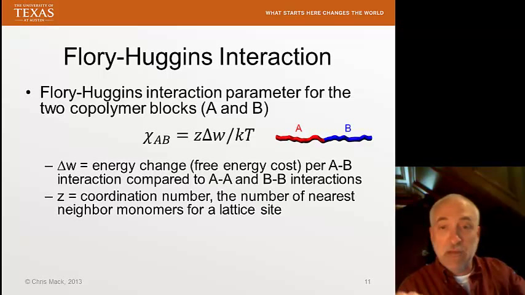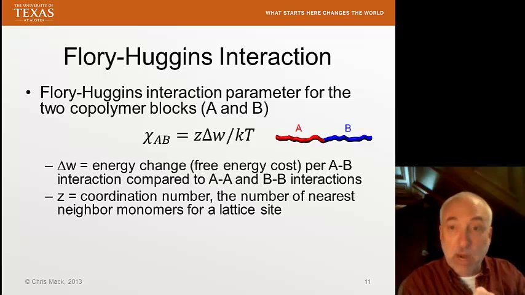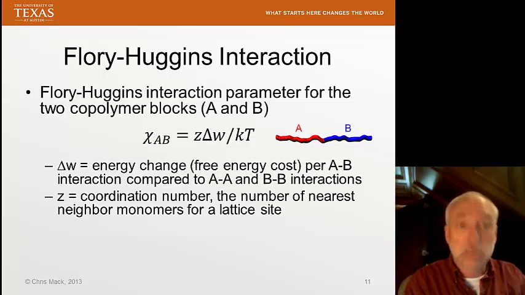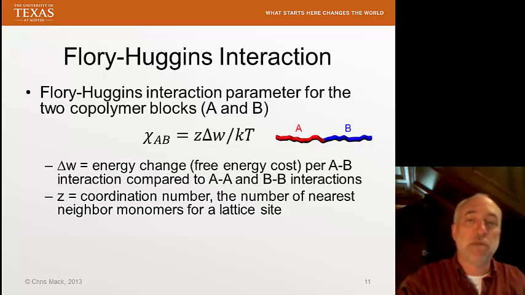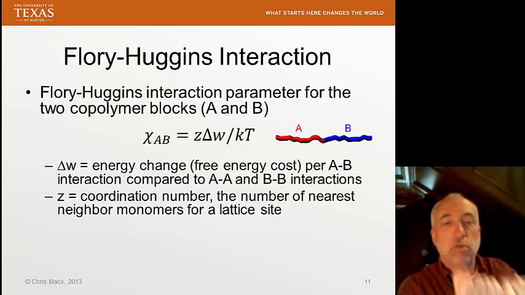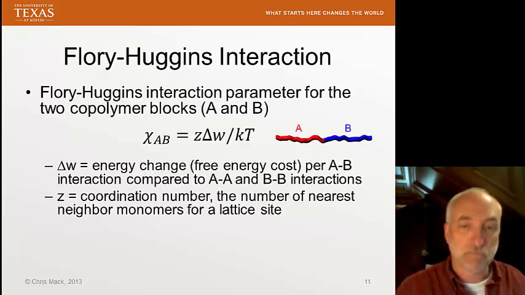But if I flip it around and put an A next to a B, that requires a different energy. So delta W is the energy cost associated with switching from an AA interaction to an AB interaction.